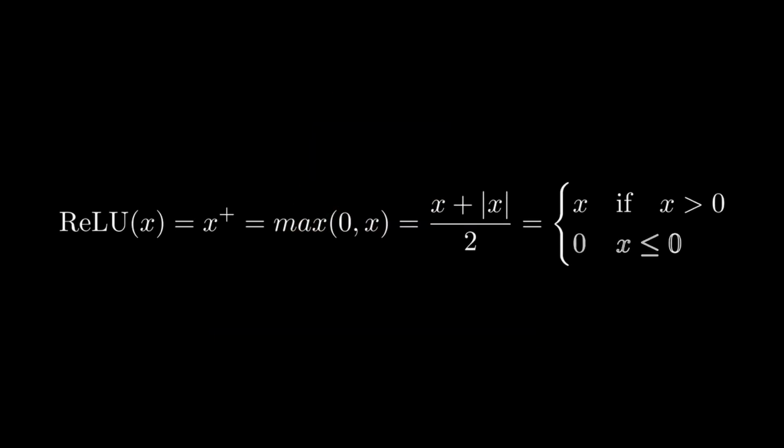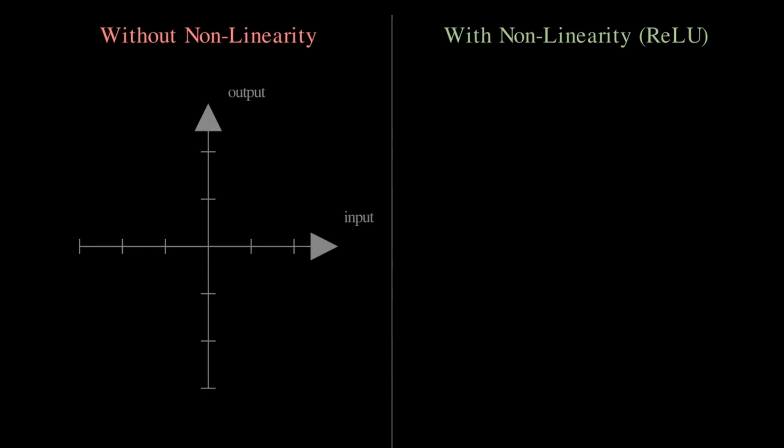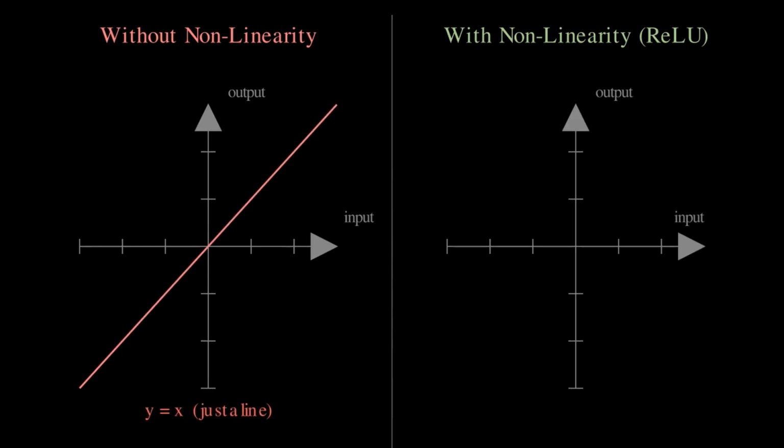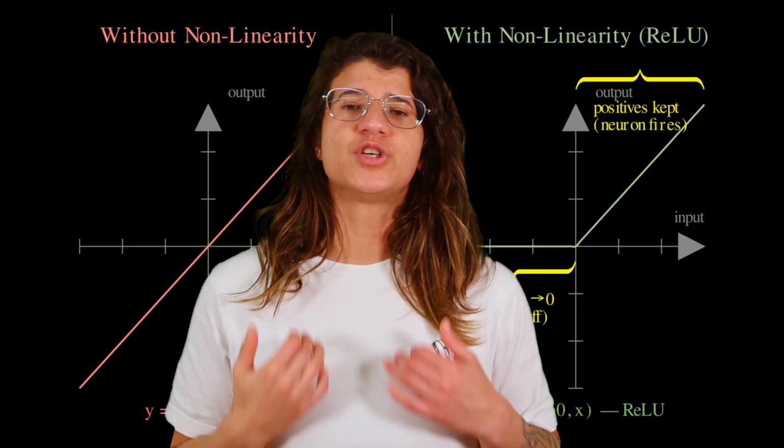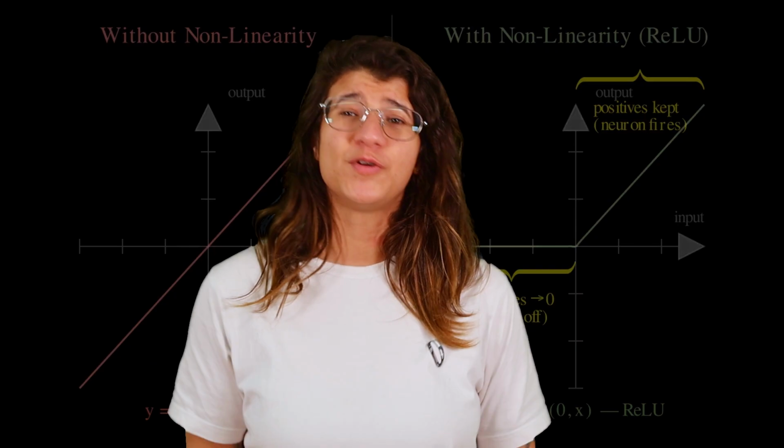After convolution, we apply a non-linear activation function, often called ReLU. This step introduces non-linearity, allowing the network to model complex patterns instead of just a linear relationship. And the convolution layer doesn't use just one filter. It uses many filters simultaneously so it can learn different features.